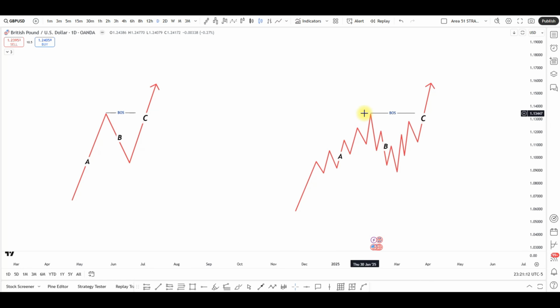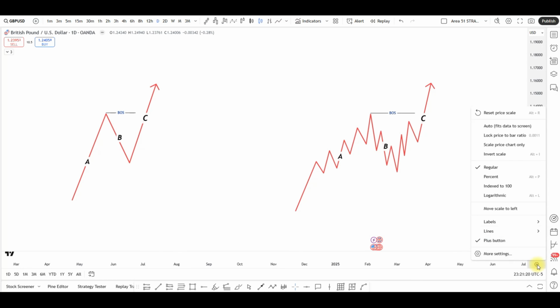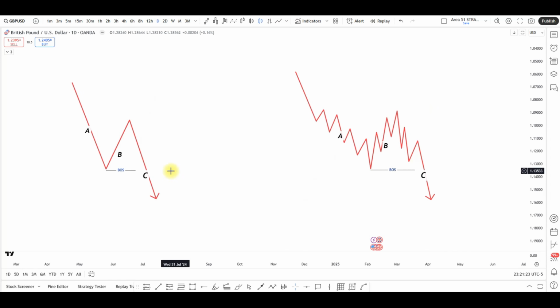It does the same thing in a downtrend market. All you have to do is flip this chart and you will see the same thing for a downtrend. Let me try to do that real quick. So this is how it looks on a downtrend market. Impulsive, corrective, continuation. Higher time frame, very clean. Lower time frame, too much data.